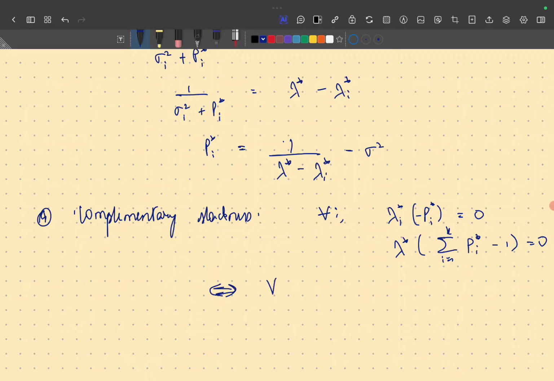Another way of putting that is, for all I, either lambda I star equal to 0 or pi star should be equal to 0. One of them has to be equal to 0. The second is that either lambda star equal to 0 or summation I equal to 1 to k pi star should be equal to P.